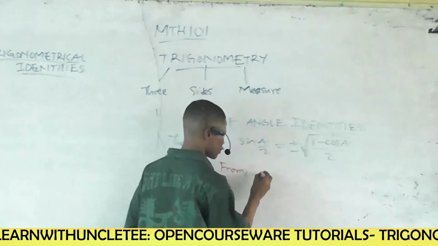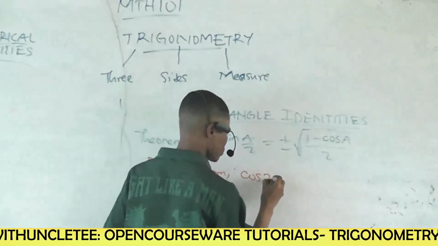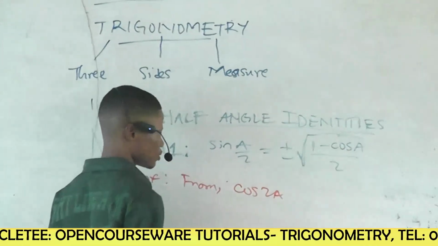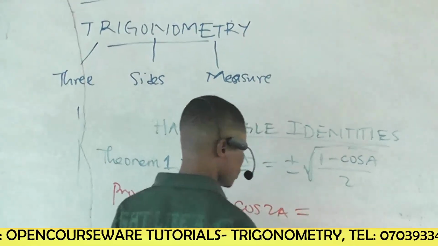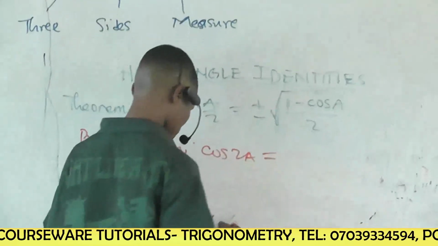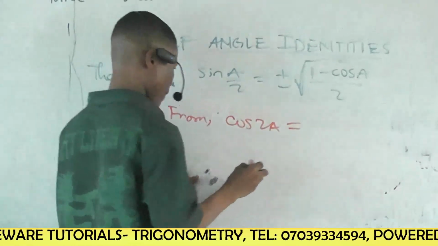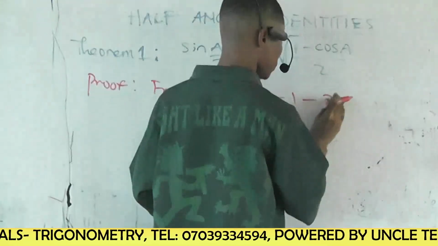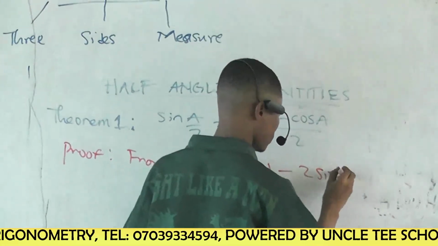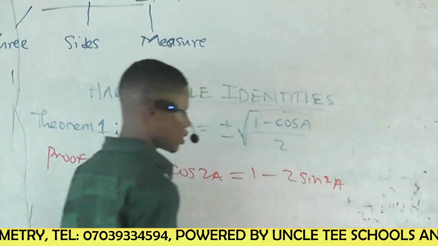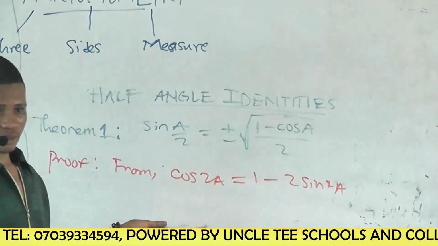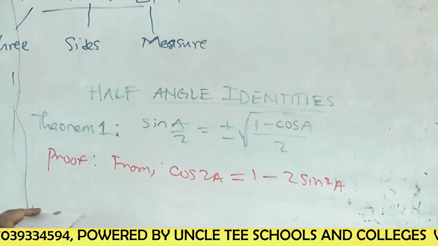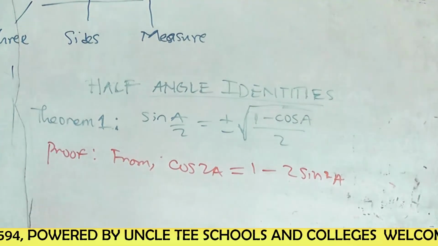From cos 2A is equal to 1 minus 2 sine square A. I believe we've proved this, right? We've proved it from double angle identity, right?